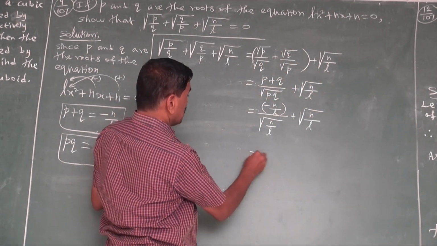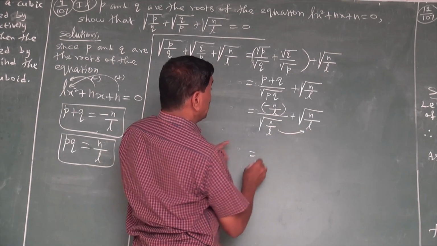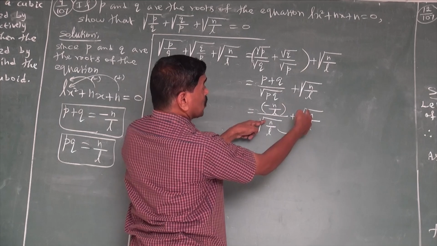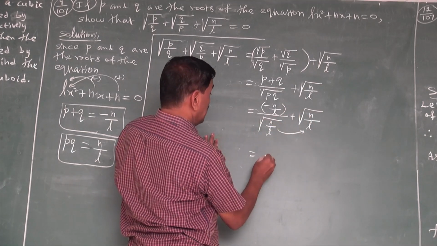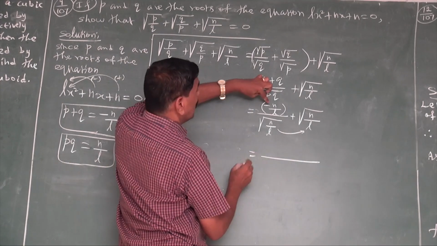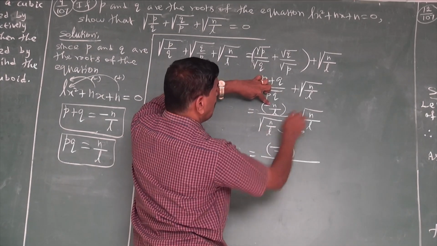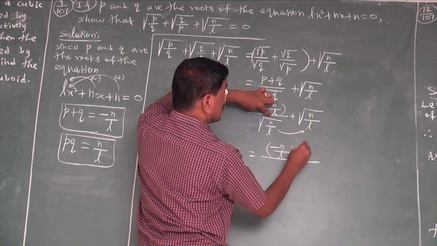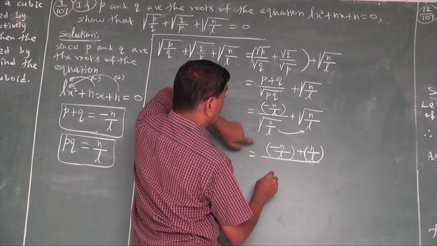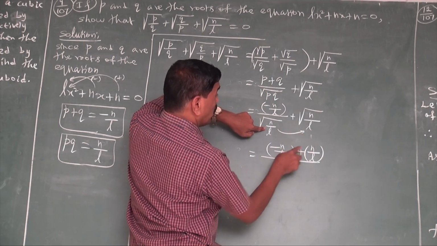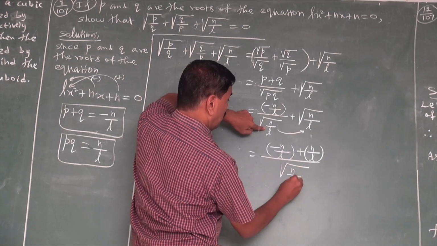Okay, which is equal to, by cross multiply. This time cross multiply means square root of n by l and square root of n by l. By cross multiplying, root and root cancel. That means in the numerator, already minus n by l is the first term, and by cross multiplication the square root cancels, so plus n by l, in a bracket, divided by the denominator, which is 1 into the denominator, that means square root of n by l as it is.